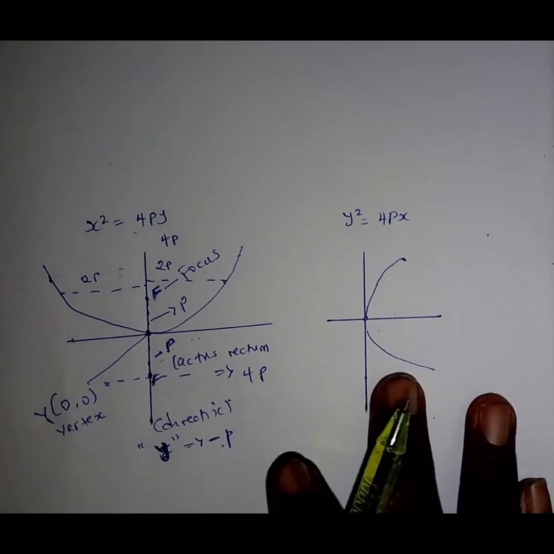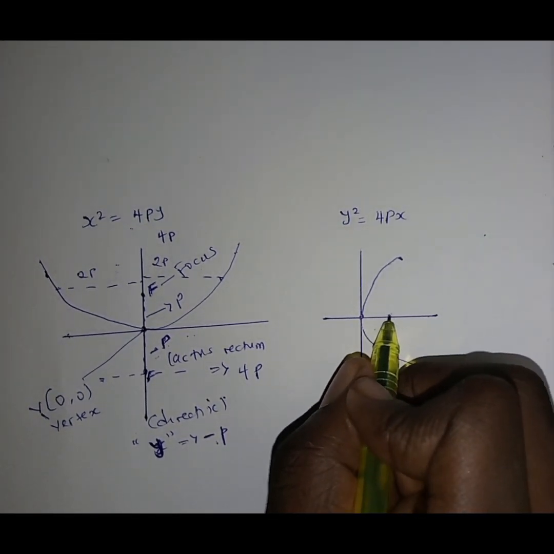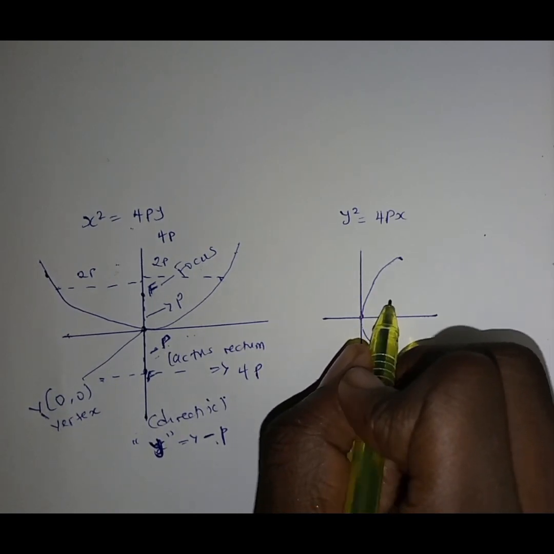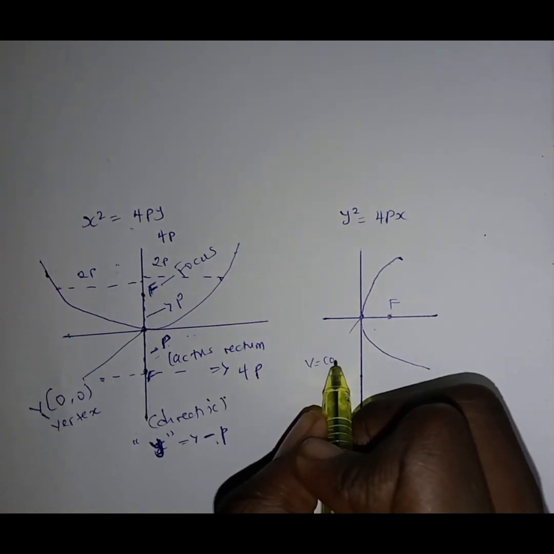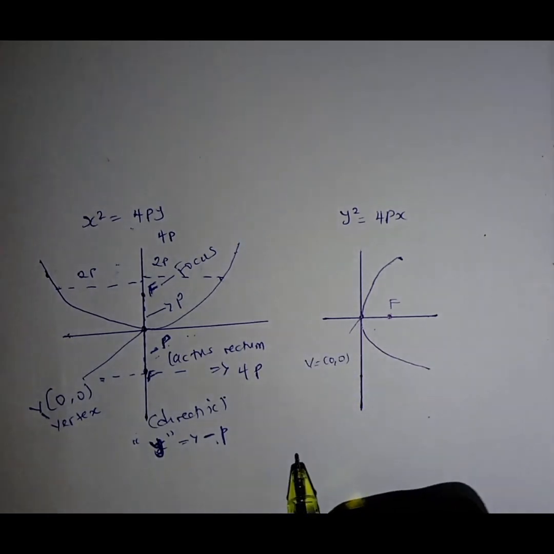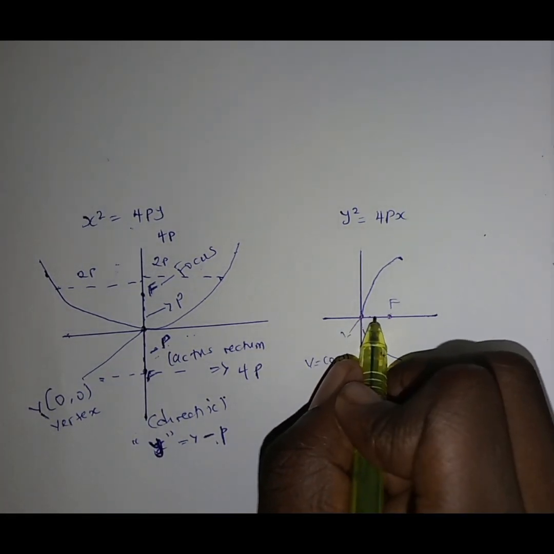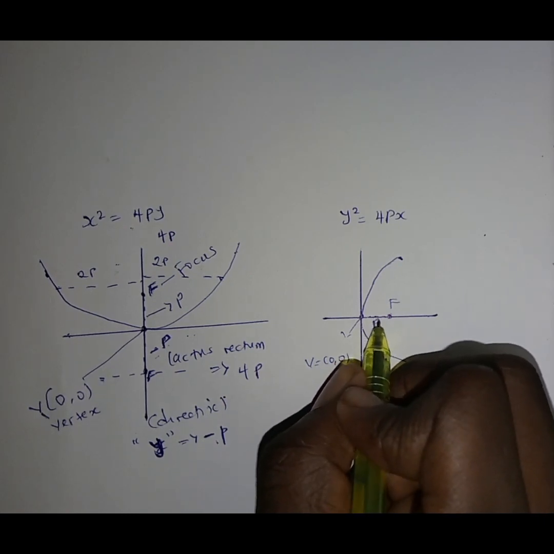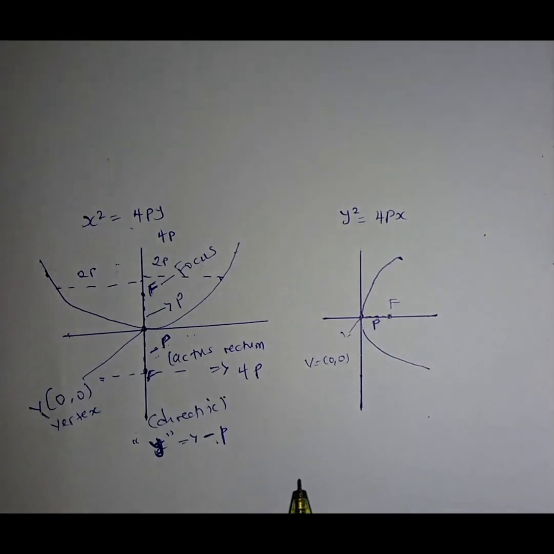Now let's move to this. The same thing applies here. Where the parabola is facing is called the focus. And this place is called the vertex, V, the origin (0, 0). The distance from this vertex to this point is called p.